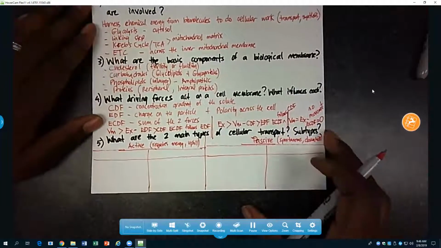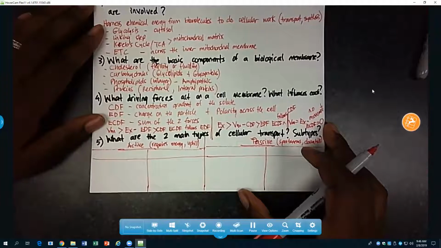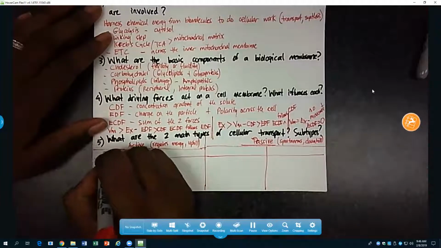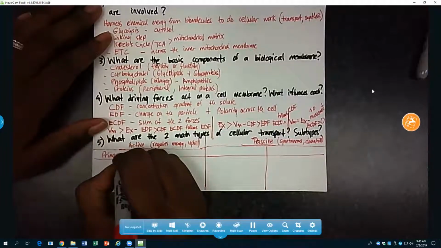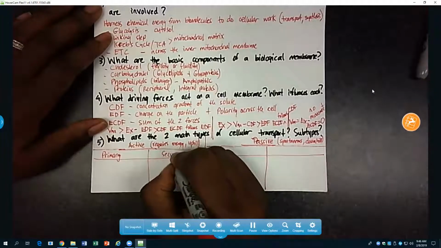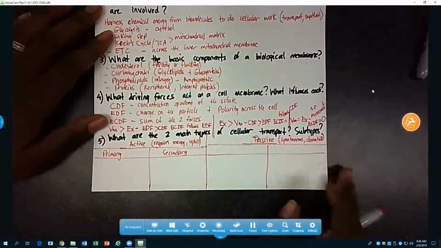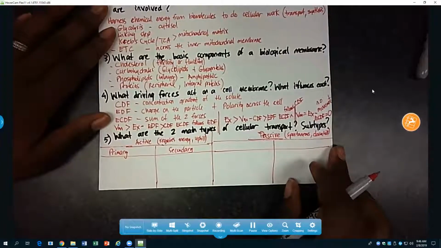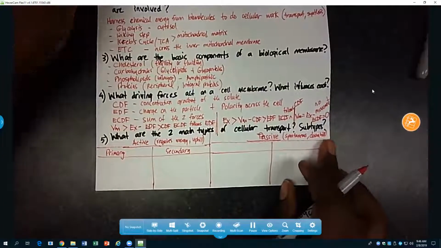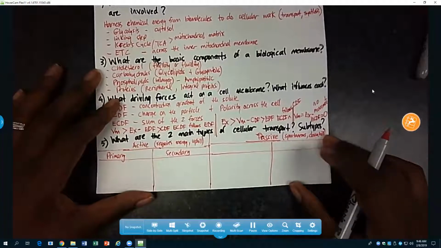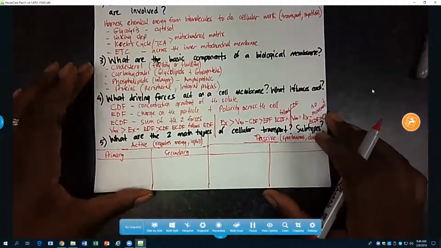So the two subtypes of active, primary versus secondary. Primary, secondary, okay. And what were the distinguishing characteristics of primary active transport? What were some unique features there?